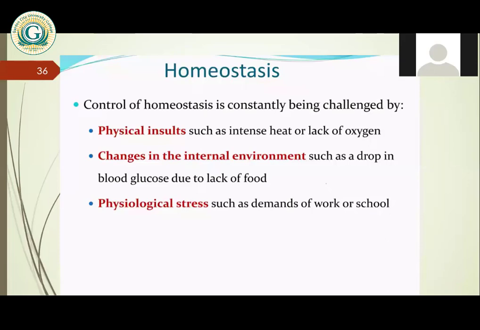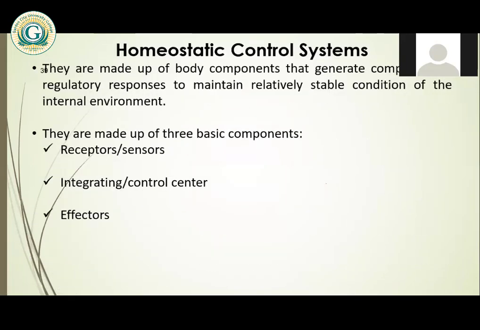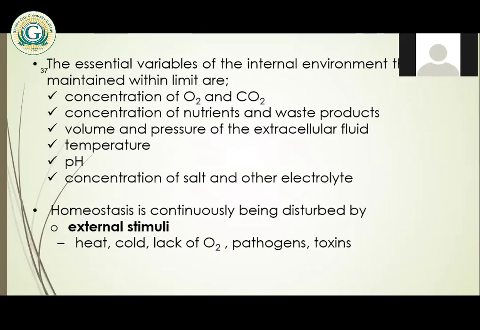For example, with temperature, the normal set point is 37 degrees Celsius. However, normal body temperature can range from 36.1 to 37.4 or 37.5. That is a range, so it's nearly constant. You are maintaining the temperature within a range, and that is homeostasis.